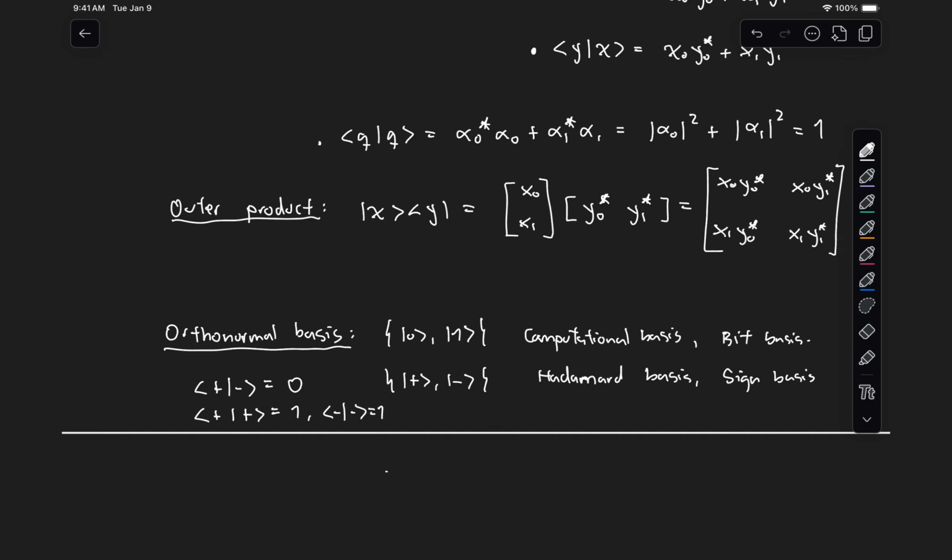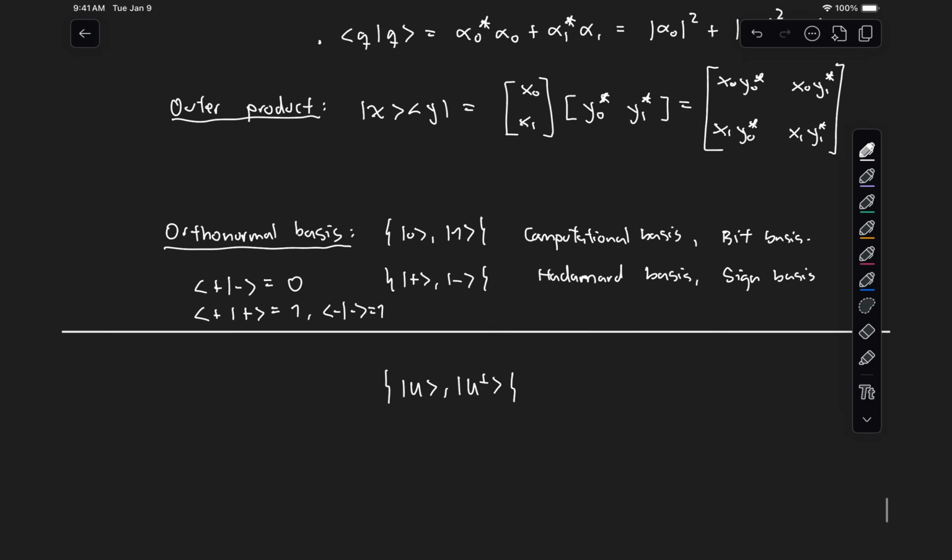But in general, a basis is composed by any normalized vector, let's call it u, and another vector, let's call it u perp, that meets the condition that both of them are properly normalized and their inner product is equal to 0. So now let's go to Qiskit and take a look at a few functions related to these concepts.